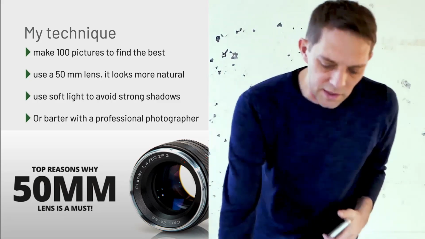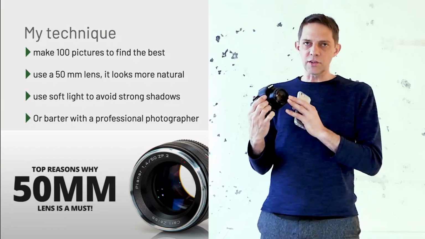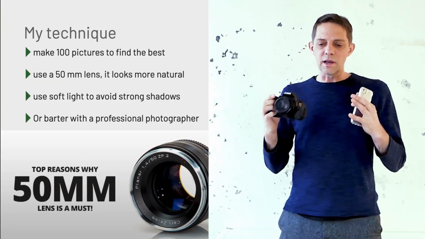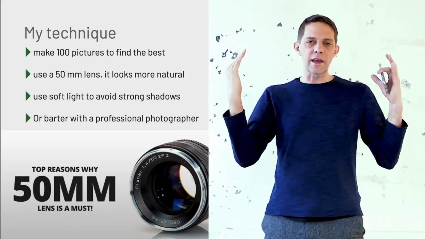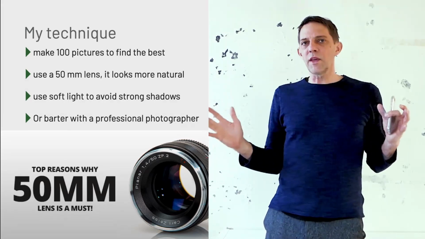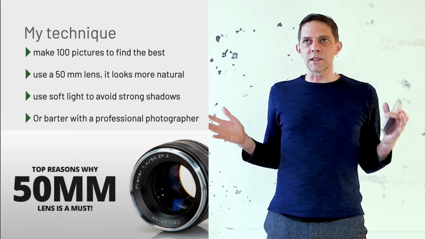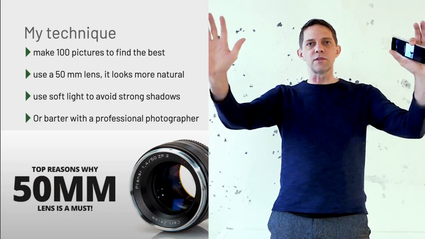One thing that I think is really important is a 50mm lens. It's more natural, because on wider lenses especially, you get this fisheye look where your face becomes like a bubble. Another thing that came up was that the best lighting you can get is in front of a big window, because you get a soft lighting.